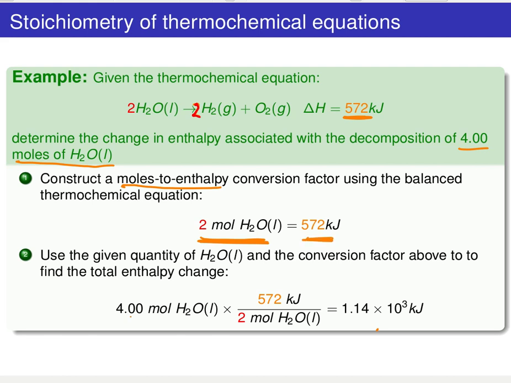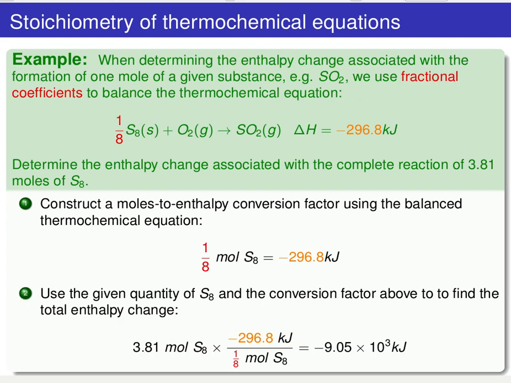Then we can use our initial amount, 4.00 moles of liquid water that we start off with, apply our conversion factor, make sure moles of H2O liquid cancel out, and we can determine the overall enthalpy change associated with this complete conversion of 4 moles of liquid water using our balanced thermochemical reaction equation.